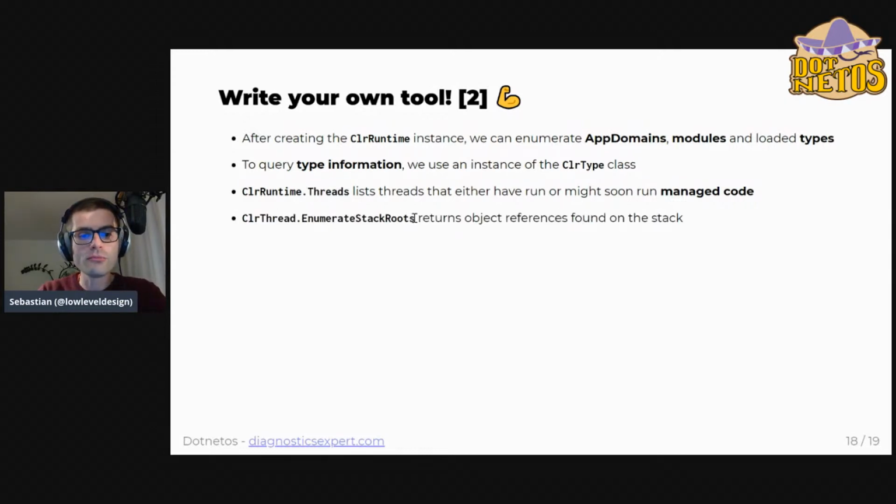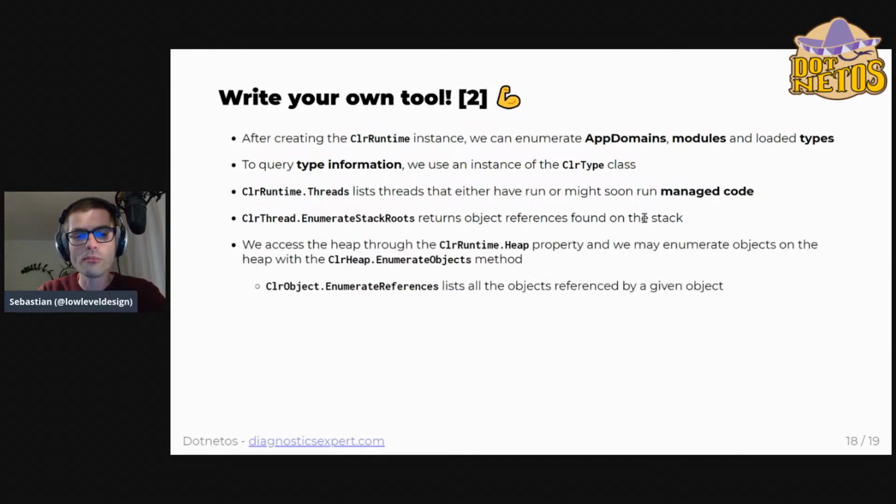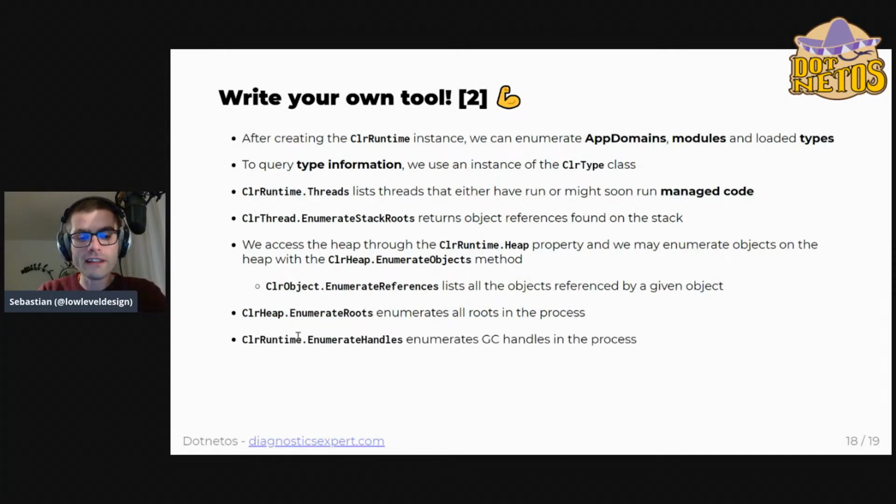And then we can enumerate stack roots, so it's also easy, if we use this library, to implement the dumpstackobjects command. Then we have access to the heap, and we can enumerate objects in the heap. We can enumerate references, and we can also start top-down analysis by starting from the roots of all the objects in the heap. And finally, we have a method to enumerate handles.